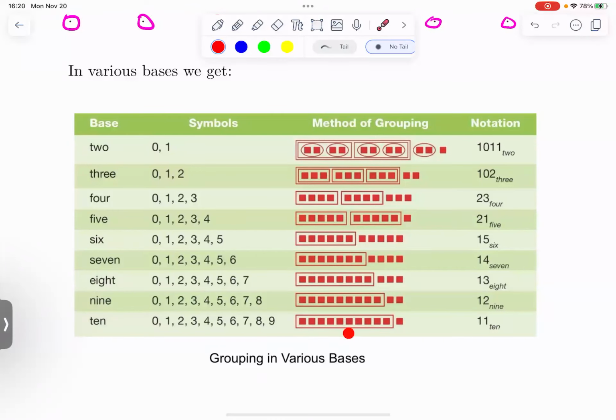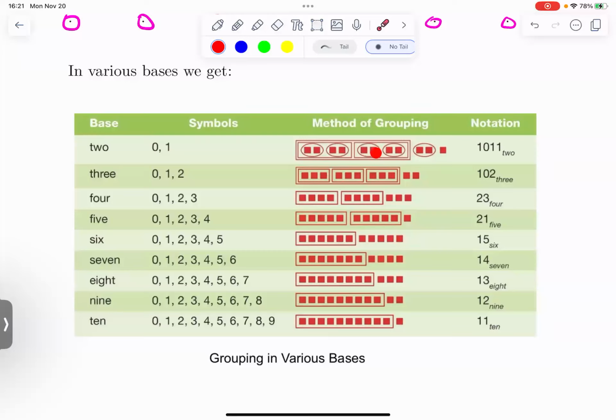Starting at base 10, why is it 11? It's 11 because it's one group of 10 followed by one lonesome one. If you were working in base 9, then your grouping would be one group of 9 and 2 lonesome ones. Yeah? This all looks fine until we get to kind of base 5, right?